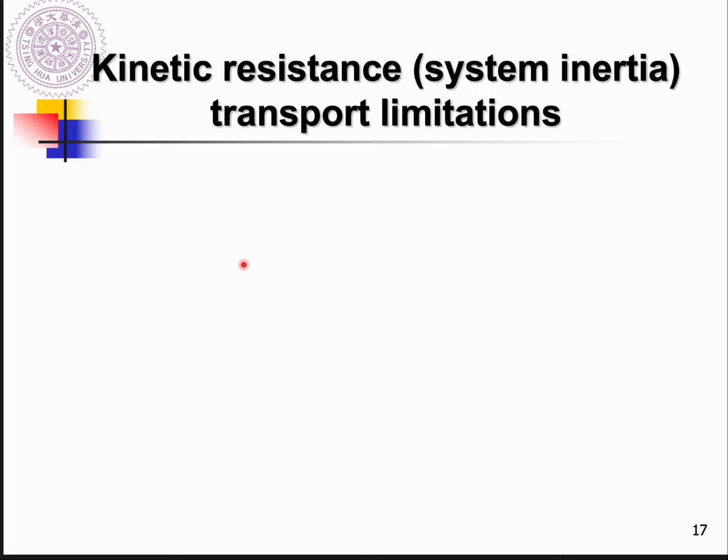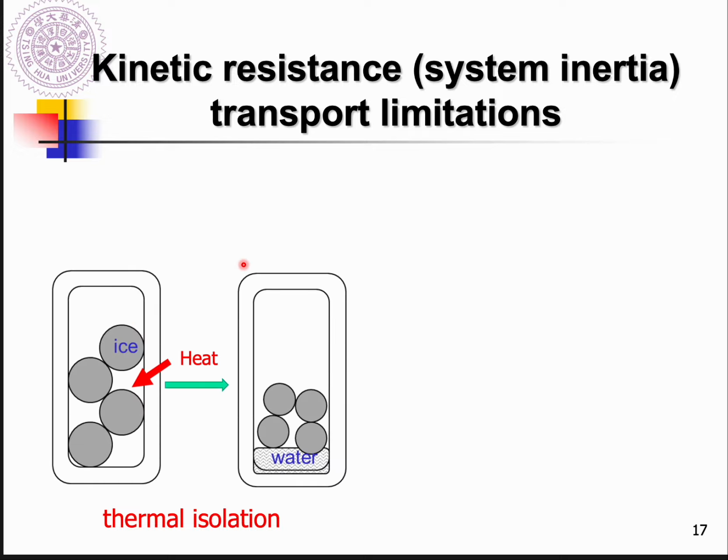So I'm going to give you an example here. In this slide, we are going to introduce something related to the melting process, and this melting process actually involves a two-step process. So let's take this as an example.